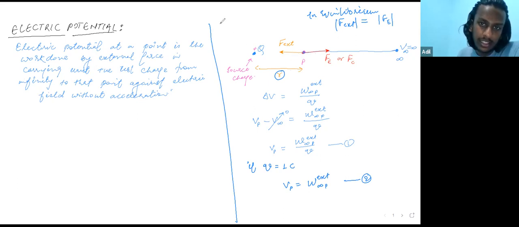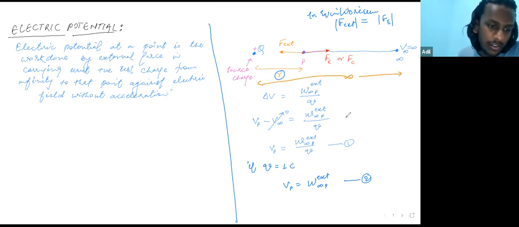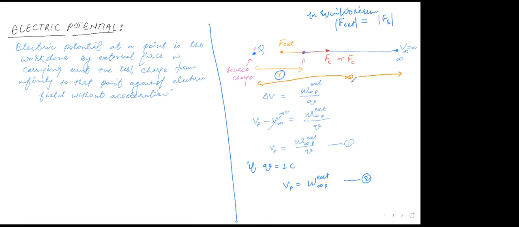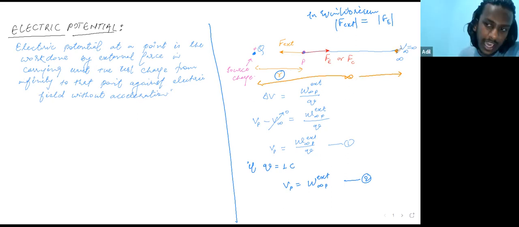You can look here. This is your infinite separation. When you carry this charge from this position and reach here, your R is less than infinity. Hence, we can say while going from infinity to P, your position R is decreasing. Are you clear? Yes.